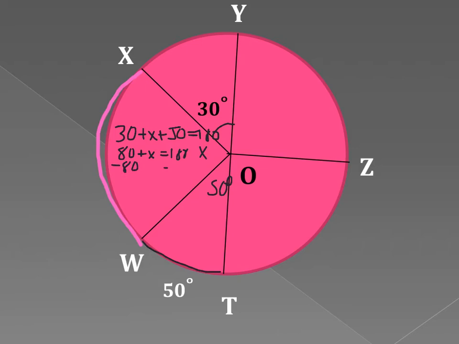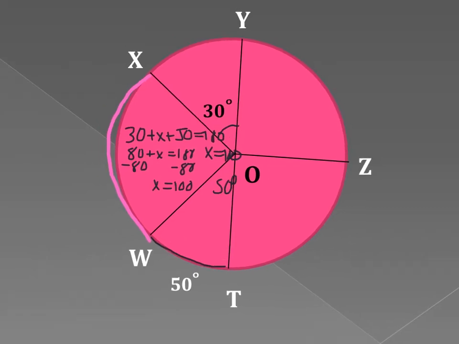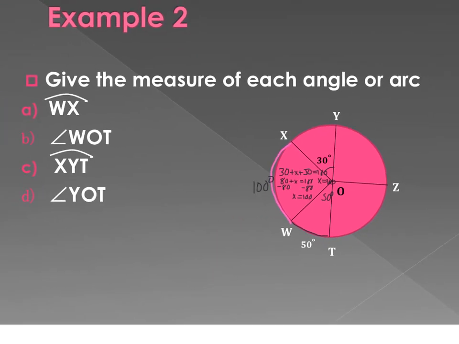Subtract 80 from both sides, and we get X is equal to 100. So this angle here is 100. So that would make arc WX 100 degrees also. Because remember, our arcs have the same measure of the central angle. So WX is 100 degrees.